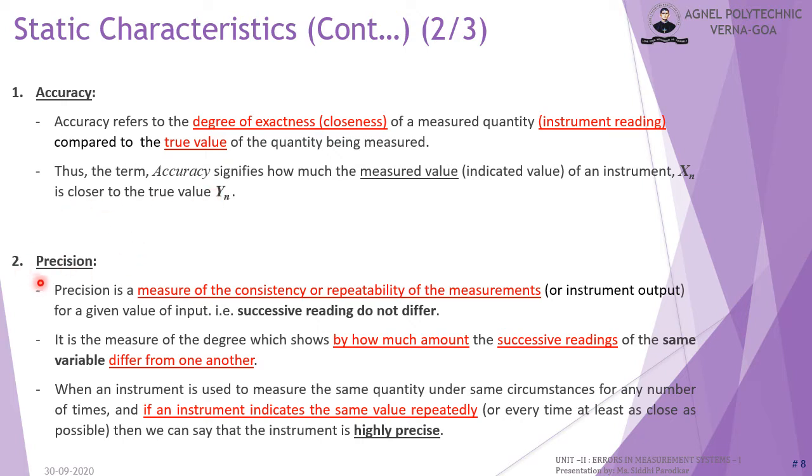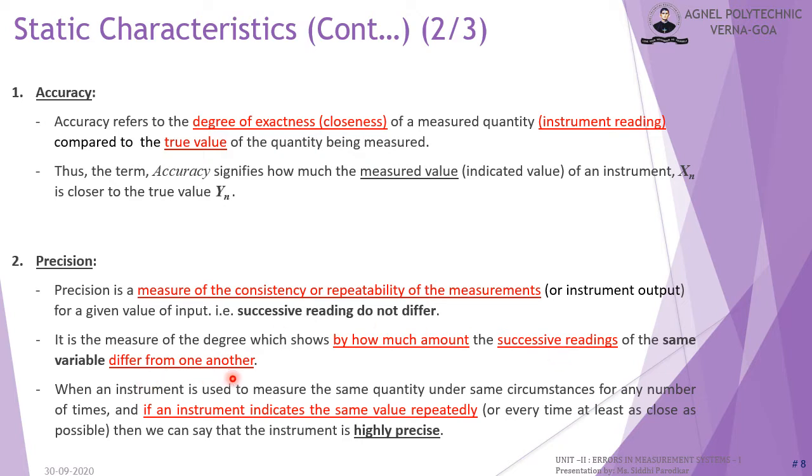Precision is the measure of consistency or repeatability of the measurements for a given value of input. That is, successive readings do not differ. Basically, precision is the measure of degree which shows by how much amount the successive readings of the same variable differ from one another.